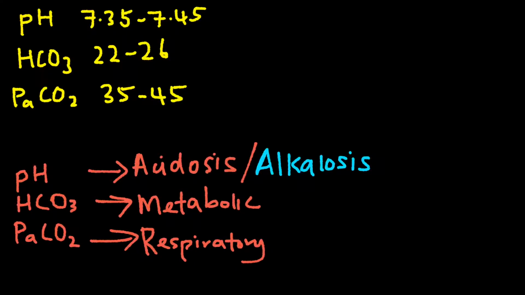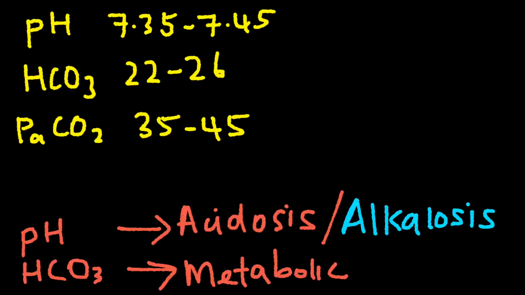This might be a little confusing, so let's recap. The pH range is 7.35 to 7.45. HCO3 is 22 to 26, and PaCO2 is 35 to 45. It is important that we memorize these ranges in order to interpret the results accurately.